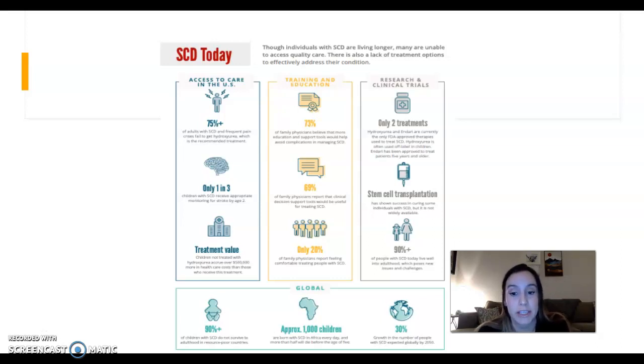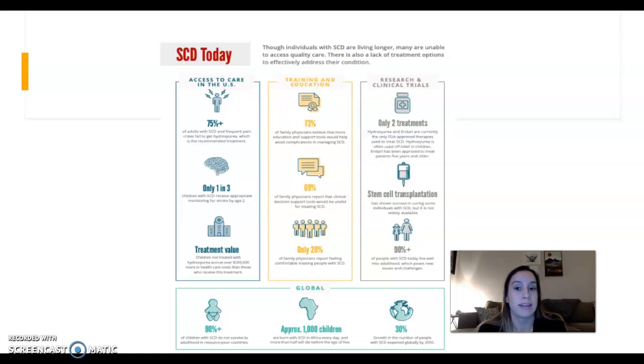90% of children with sickle cell disease do not survive to adulthood in resource-poor countries. So think about that. Think about the places that I listed earlier for the prevalence: Africa, Asia, the Mediterranean. These are places that aren't necessarily the richest countries.